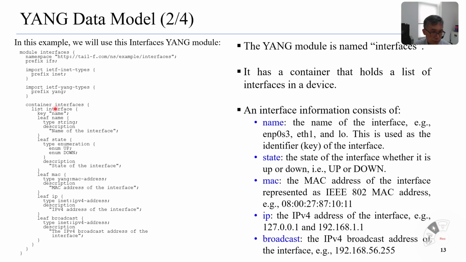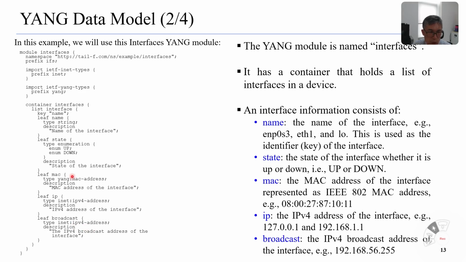Basically, the container interfaces includes multiple interfaces using the list type. Each interface consists of an interface name, a state, and the MAC address, the IEEE 802.3 CSMA/CD MAC or 802.11 wireless LAN MAC address, and the IP is an IP version 4 address, and the broadcast is an IP version 4 broadcast address.